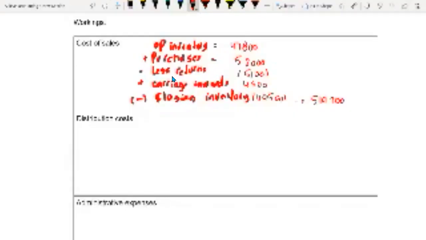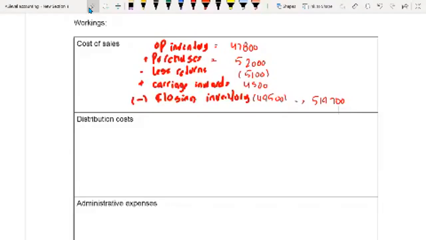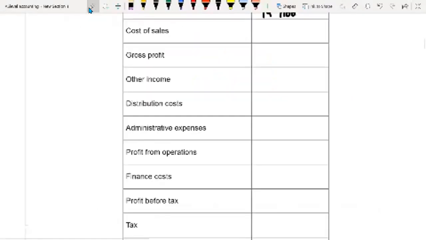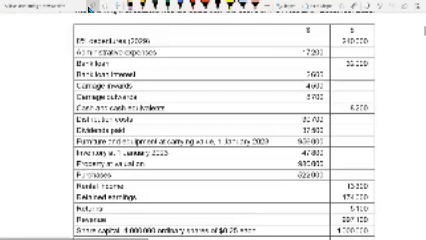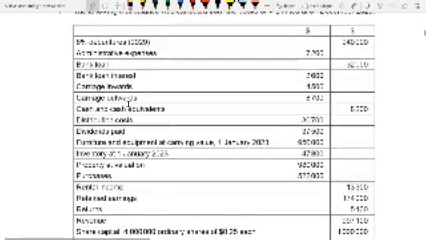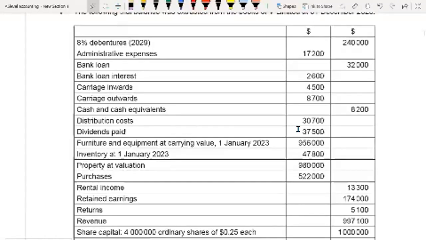Now let's see the distribution cost. In the trial balance, we have a distribution cost of 30,700, and there may be some other adjustments.